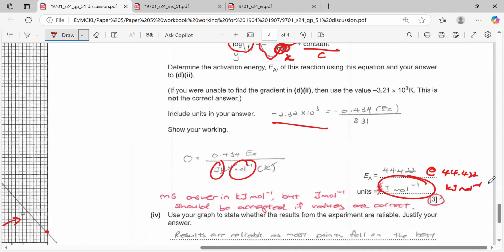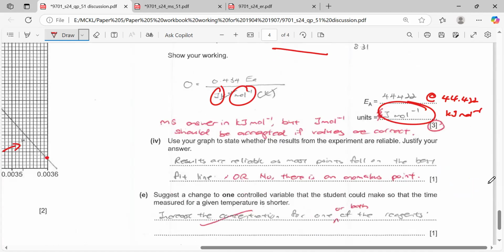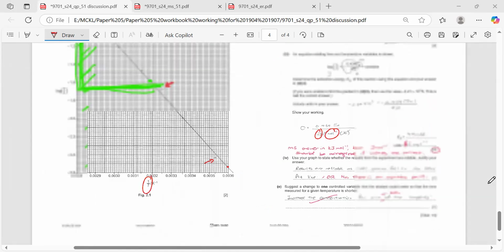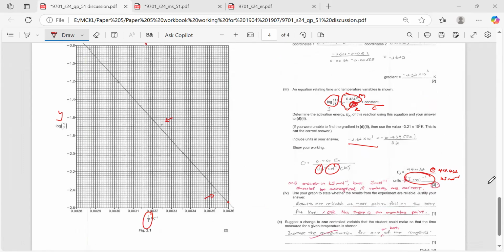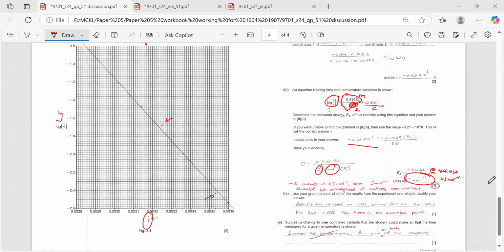Now next, use your graph to state whether the results from the experiment are reliable and justify your answer. Okay, so let me look at this. Use your graph. If I look at my graph, for me, I answered the results are reliable, as most points fall on the best fit line, or no anomalous point was found.